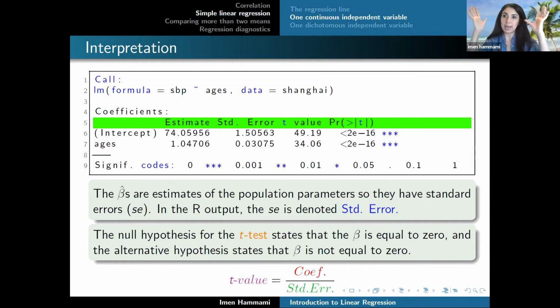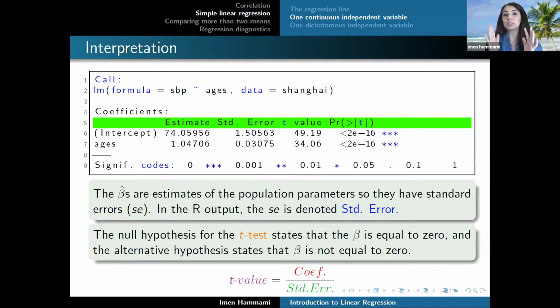If I divide the estimate by the standard error, I get a number. If that number is big, it means the estimate is big enough compared to the standard error that I can trust the value. In the opposite case, if my standard error is very big and my estimate is what it is, dividing it by a big number gives a small value, and that's not good.